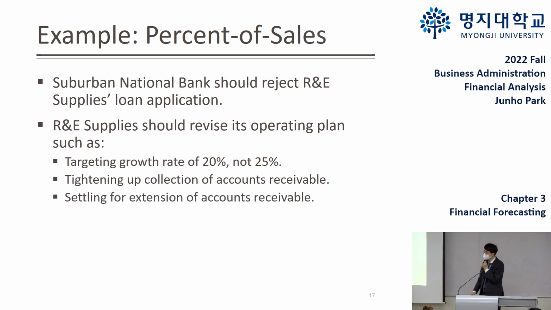And in a similar vein, but in the opposite way, they should avoid paying cash to others, so they have to settle for the extension of accounts payable. So not only for the bank, but also for the company itself, this percent of sales approach and the created pro forma statements are very useful for thinking about their management.